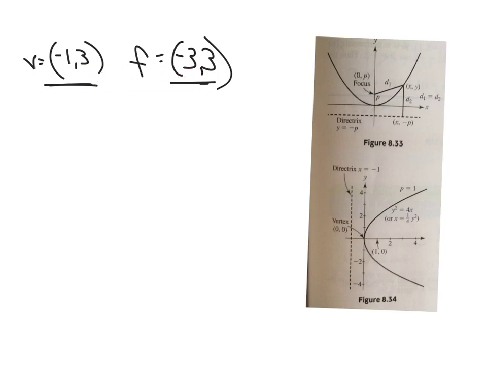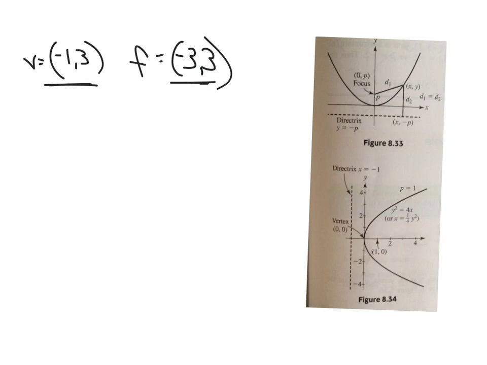And if it's on the axis, then this axis is horizontal. All right, so how do I do this? The distance from the vertex to the focus. I'm looking for P here because remember the formula includes P, so I have to find that.